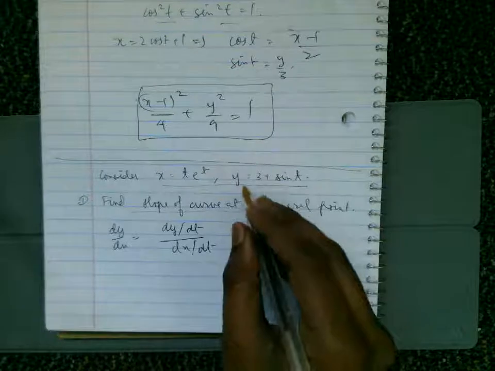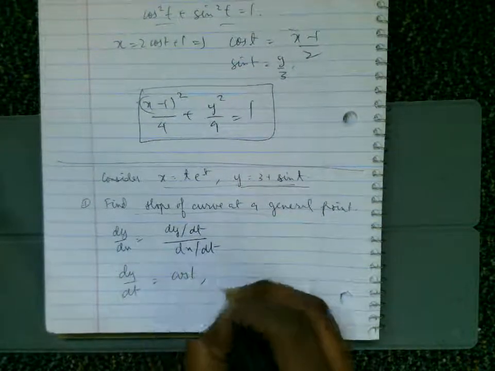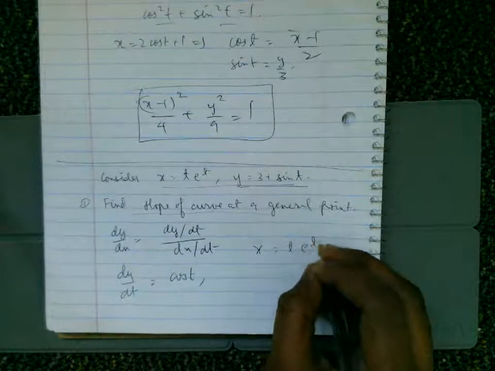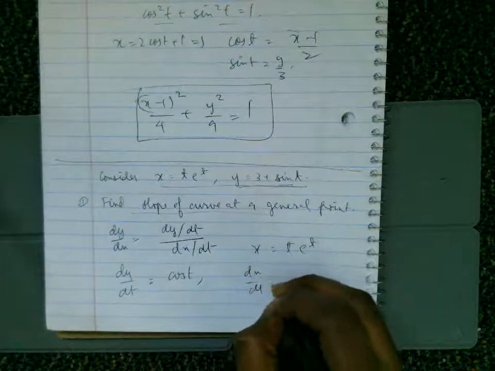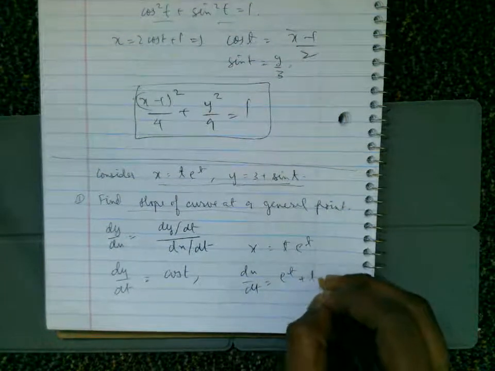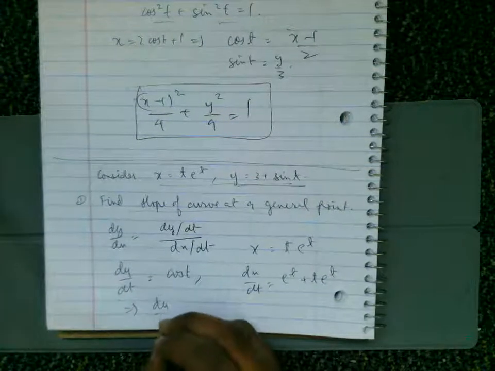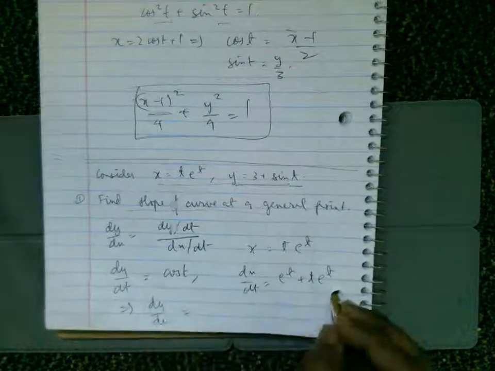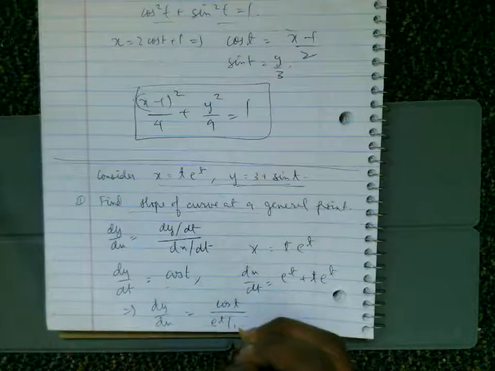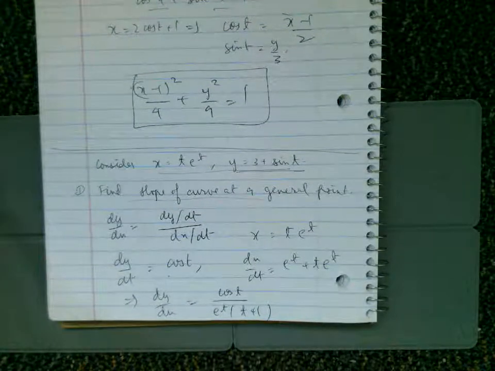From this, dy by dt is equal to cos t, and since x is equal to t to the power t, dx by dt is e to the power t plus t to the power t. So dy by dx is this by this, which is cos t by e to the power t times (t plus 1). So this is the slope at any point.